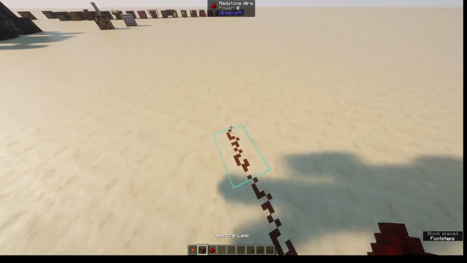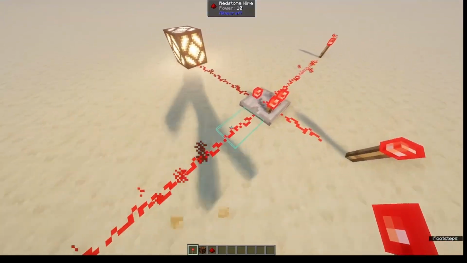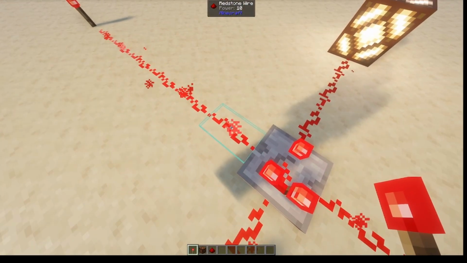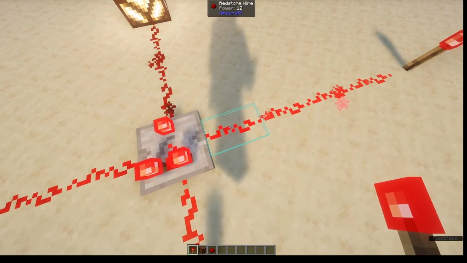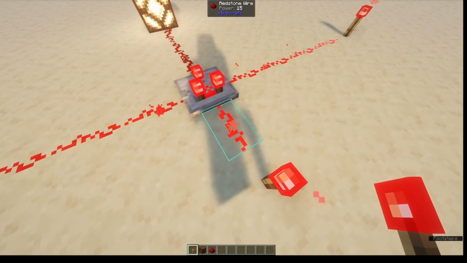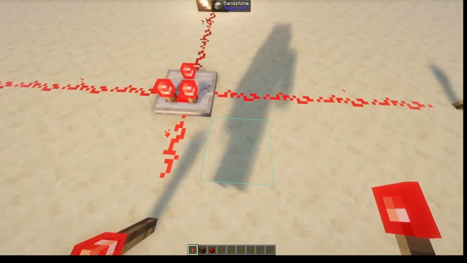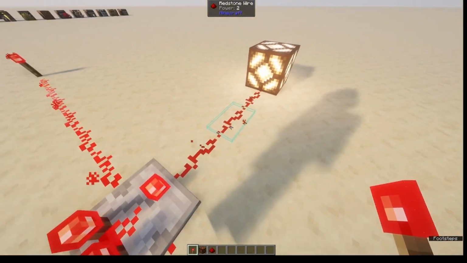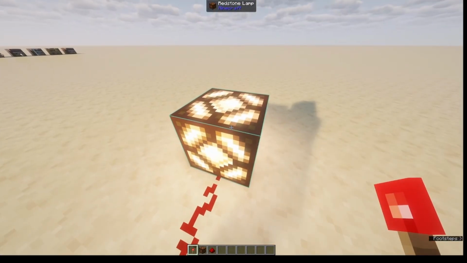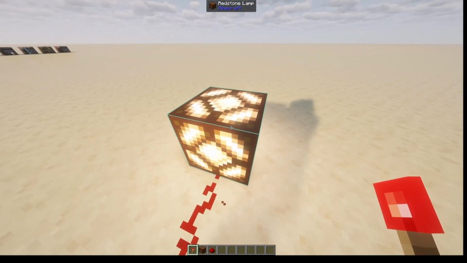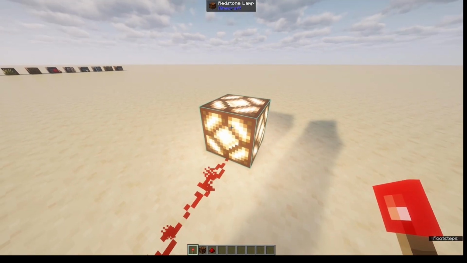Now let's say we extend this side input so that we have an input of 10 and an input of 12 on either side, and of course we have 15. 12 is larger than 10, so we do 15 minus 12, which gives us 3. 3 is the power signal required to power this redstone lamp, which means that it will turn on.